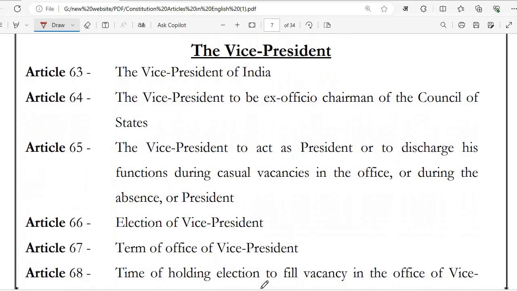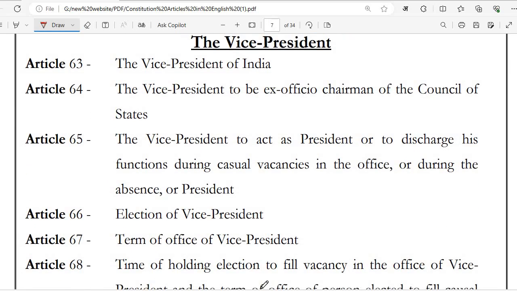Article 63, the Vice President of India. Article 63 says that there shall be a Vice President of India, right? And the Vice President is an elected member. Article 66 says the Vice President is elected by both Houses of Parliament.